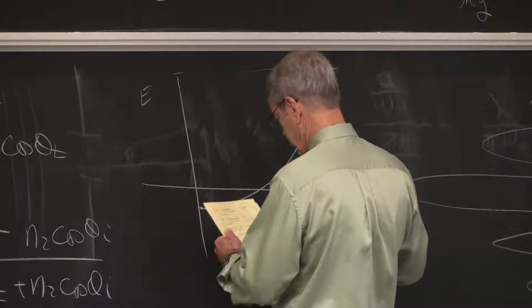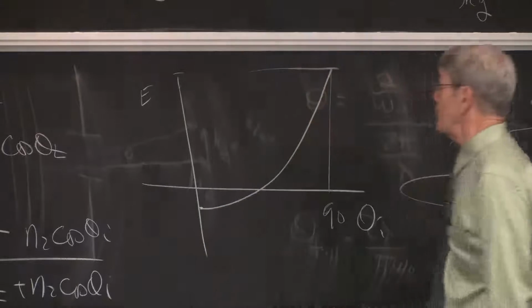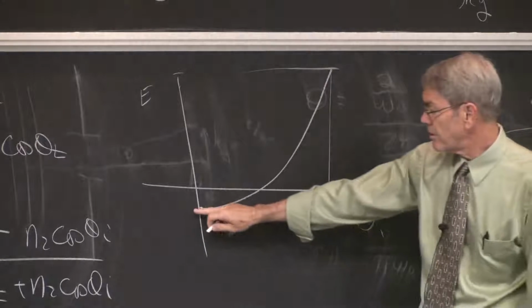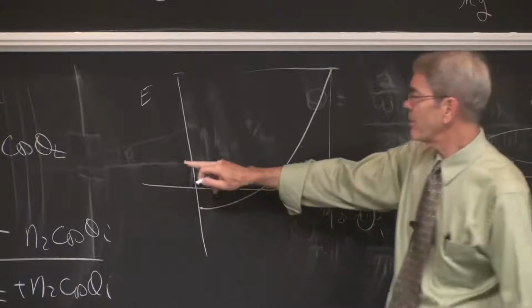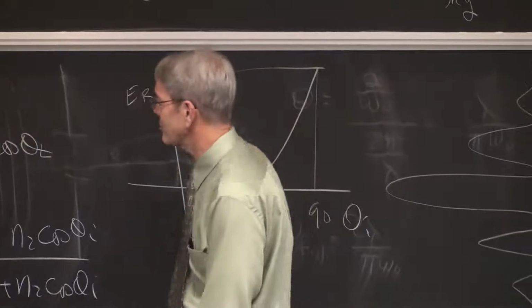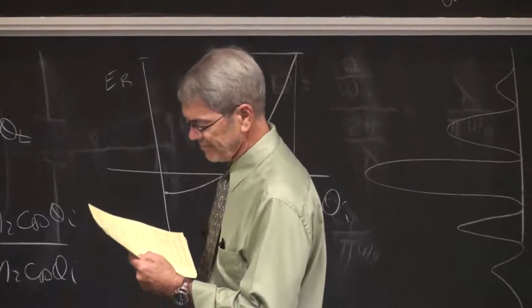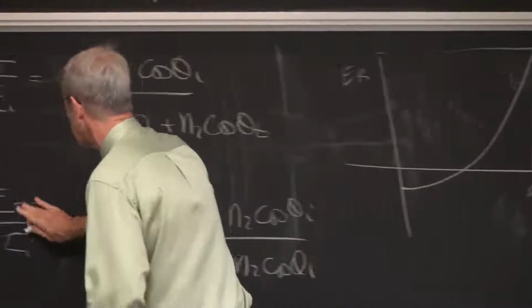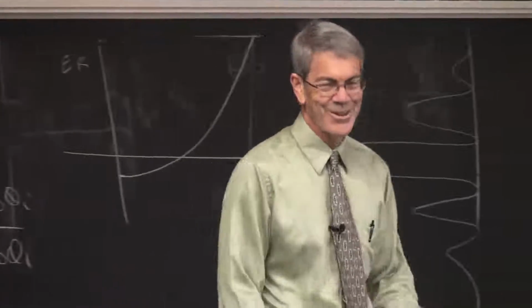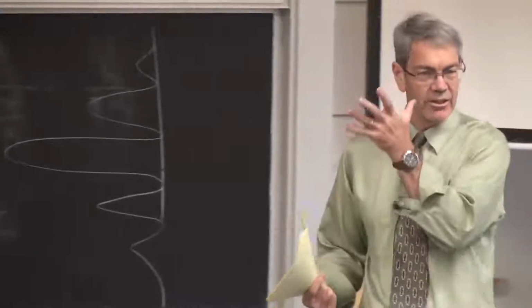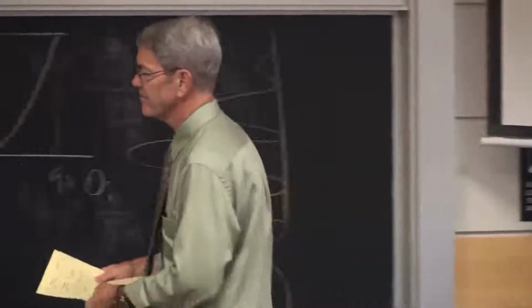So the transmission, you get some transmission here. What am I plotting? I'm plotting reflection. I'm sorry, this is E reflection. So if you look at the reflected light off this interface, I'm looking at this thing here.